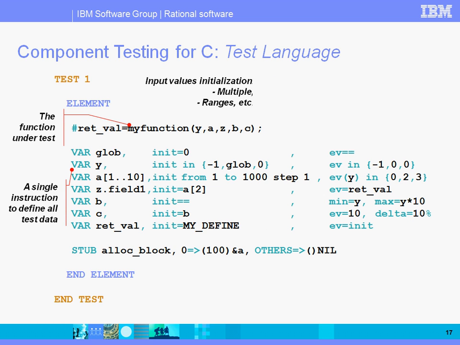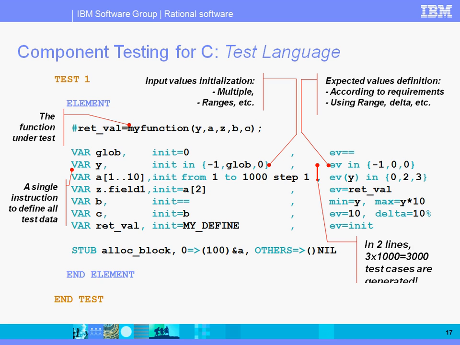So if you see the test case, a typical test case has an element block, and the element block contains a lot of other variables which are there in the function to be tested.